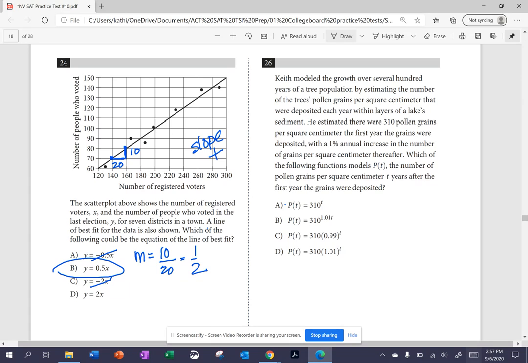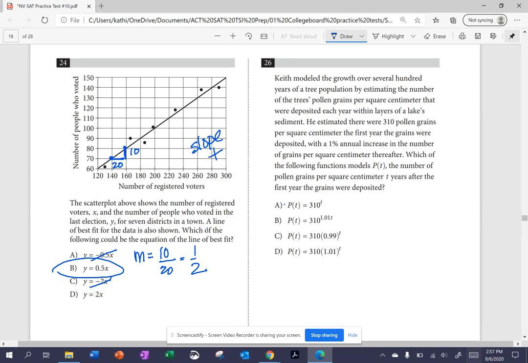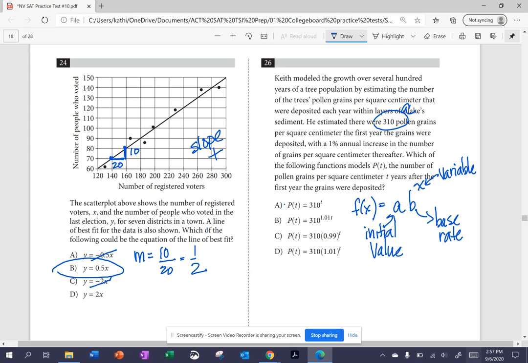So this is exponential. My parent function is f of x equals a b to the x, where a is my initial value, b is my base or rate, and x is my variable, my years. So my initial value is 310.